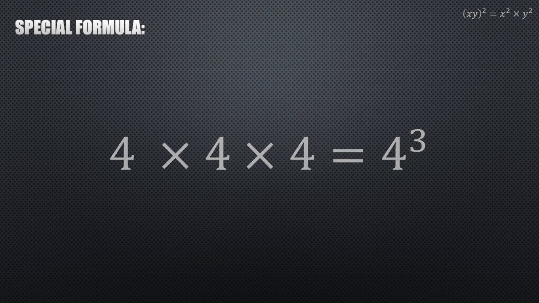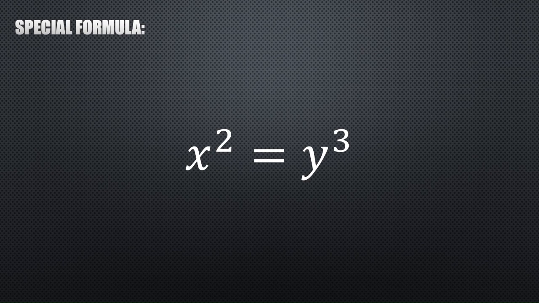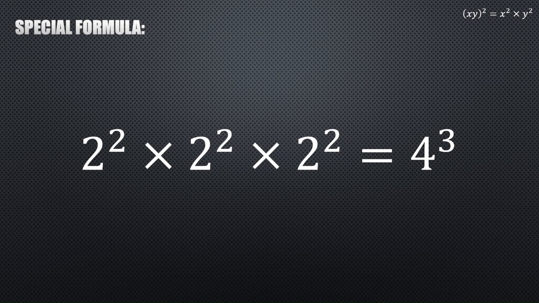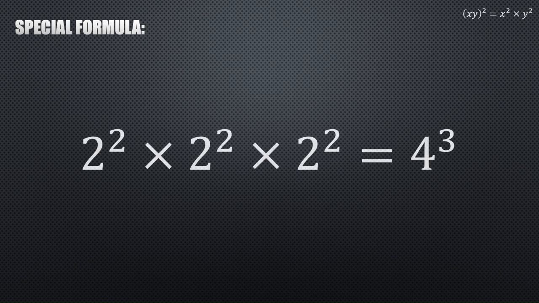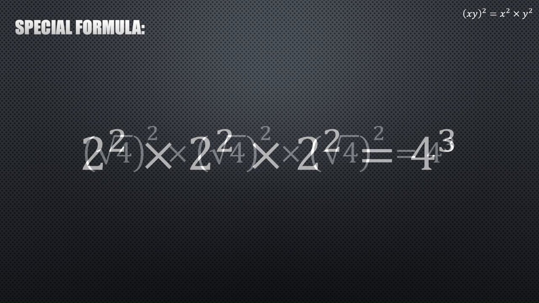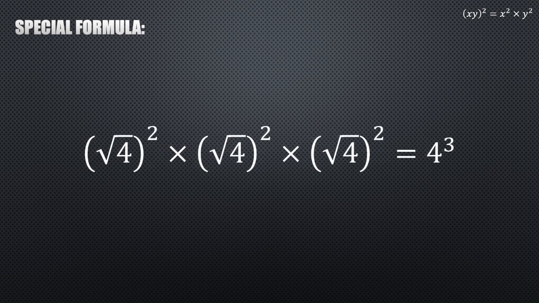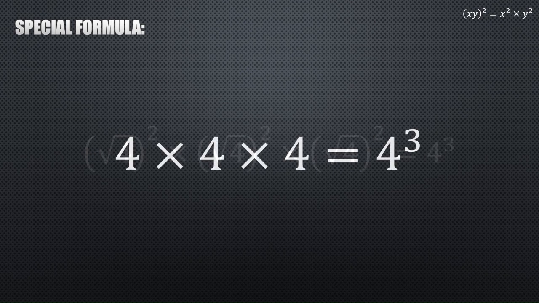Now, when we come back to this problem, what if we try to do it in a similar way? If we look back, we can also see that 2 is the square root of 4. Now, the square of the square root of something is obviously the thing itself. So when we say (square root of 4) whole square into (square root of 4) whole square into (square root of 4) whole square, like over here where we are saying 2 square, the square root and the square cut out and it becomes, guess what, 4.